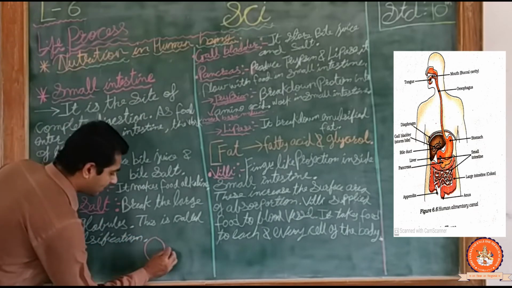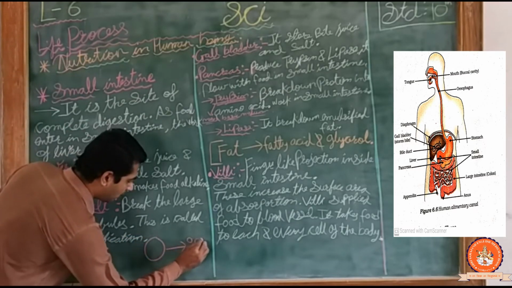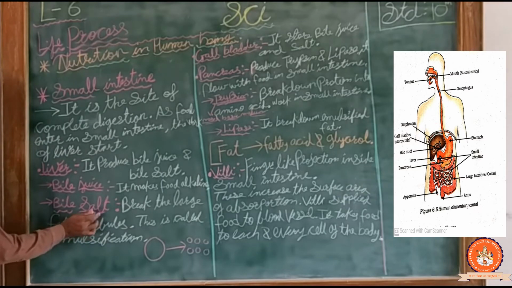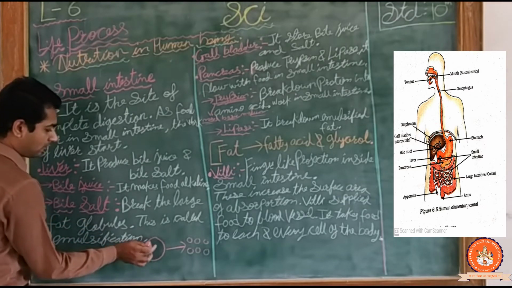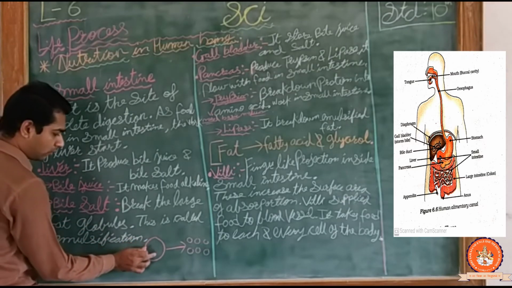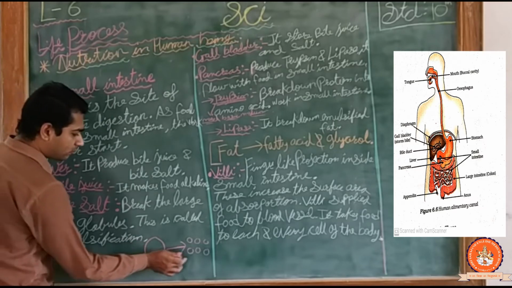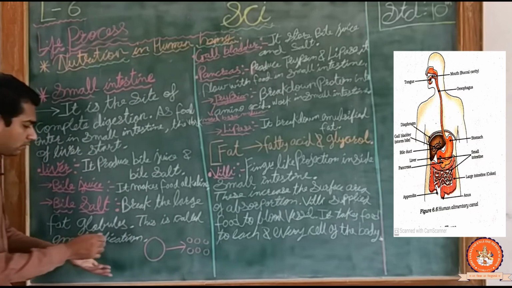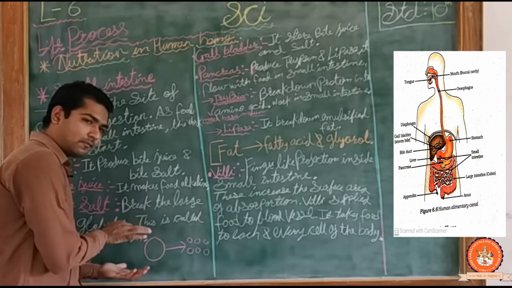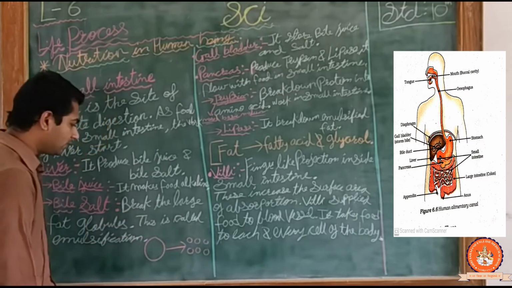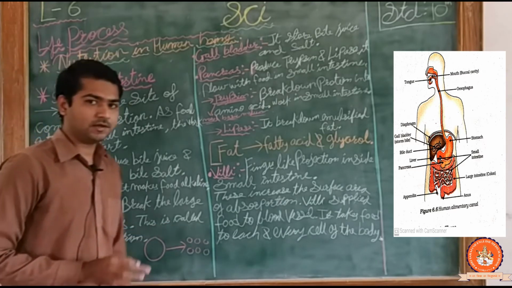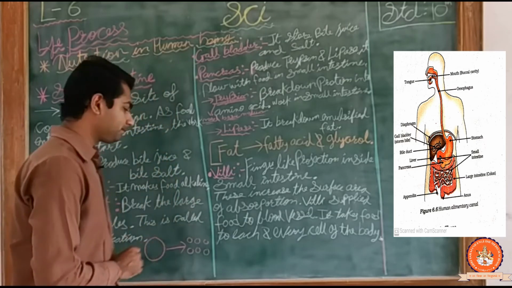Now that fat is broken down into small particles of fat through bile salt. Bile salt breaks the large fat globules and converts them into small parts of fat, and this breakdown of large fat globules into small ones is called emulsification. Clear? It is called emulsification.